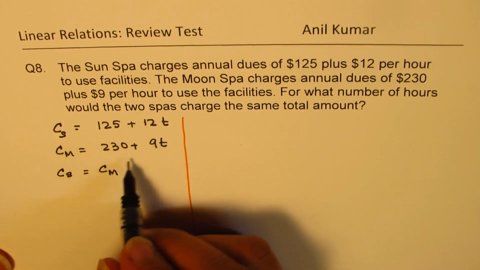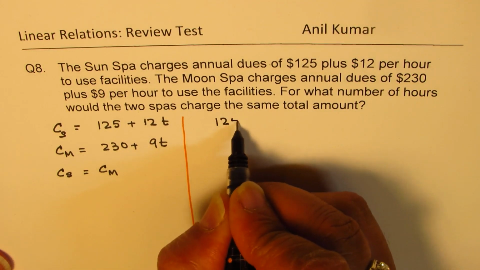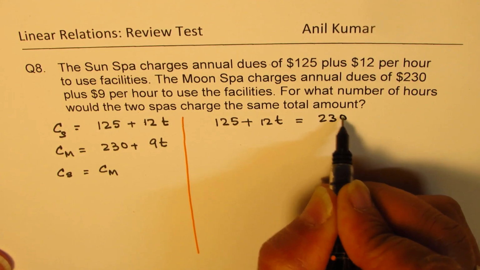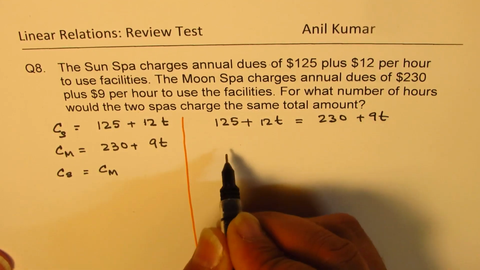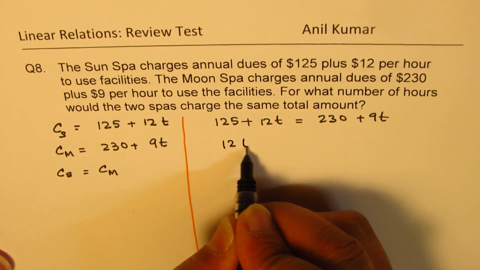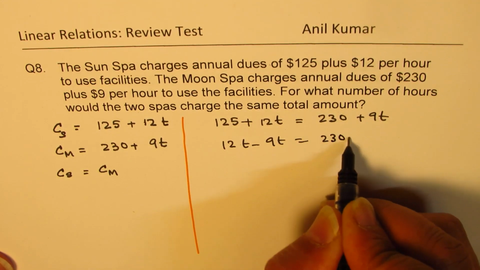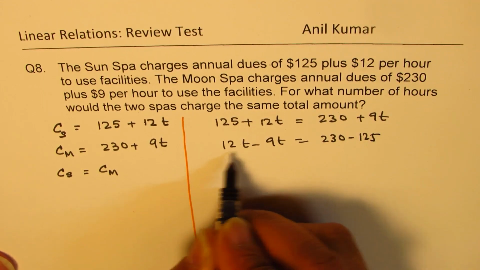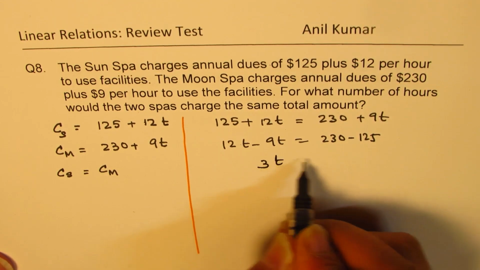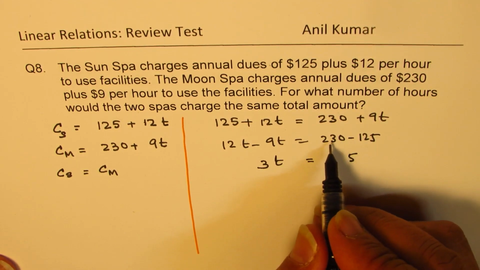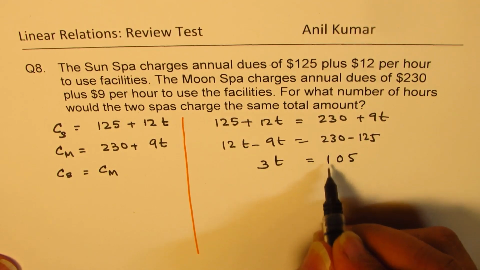Now, we'll equate these two. So we get 125 plus 12t equals 230 plus 9t. Bringing variables on one side and the constants on the other, 12 minus 9 is 3t, and 230 minus 125 is 105.